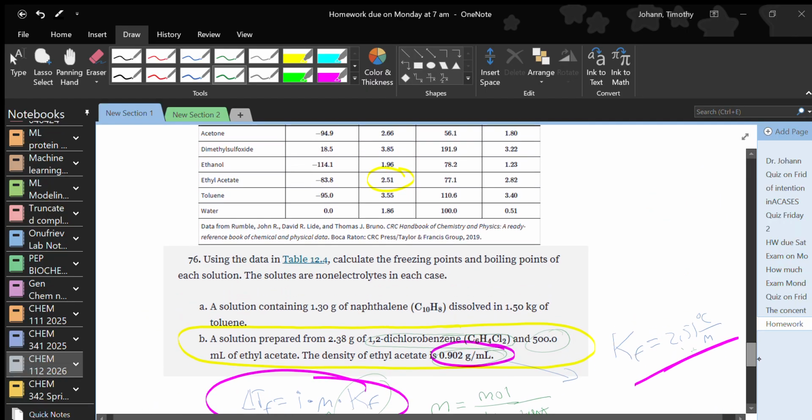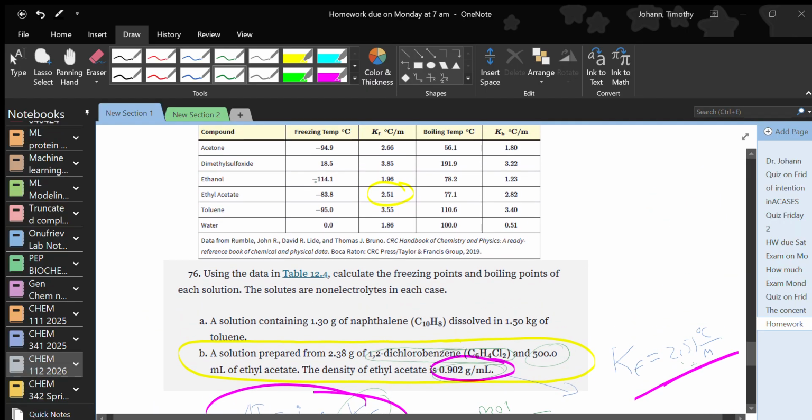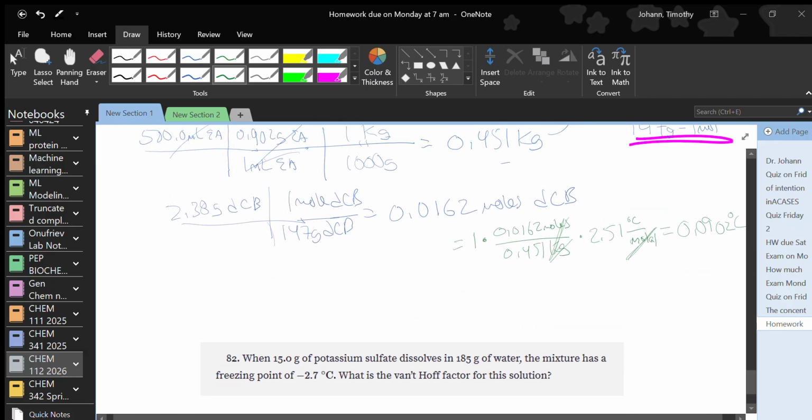So if we go up here to ethyl acetate, we see its freezing point is negative 83.8 degrees Celsius. That's the freezing point, minus the depression, which is 0.0902 degrees Celsius.